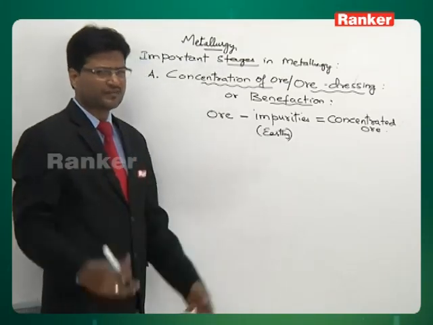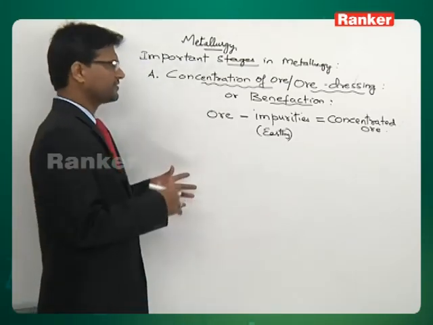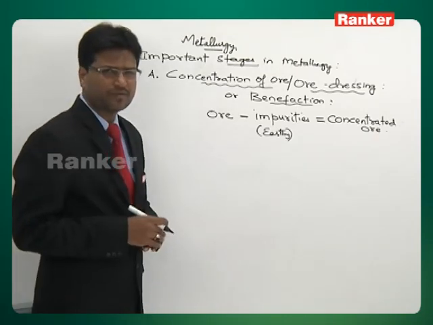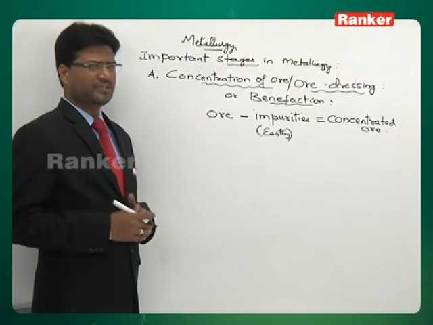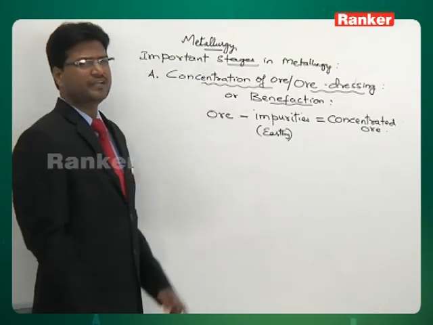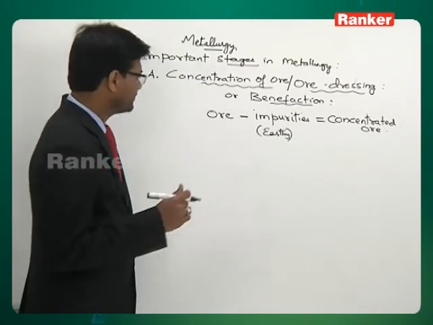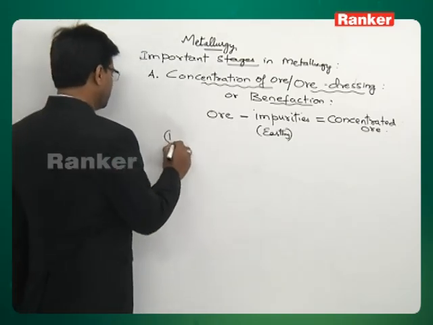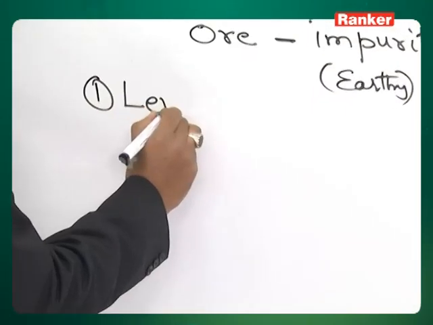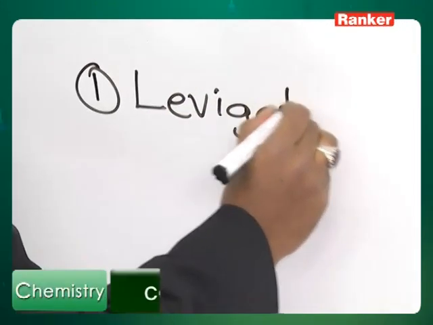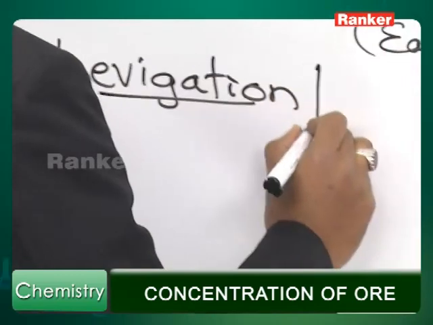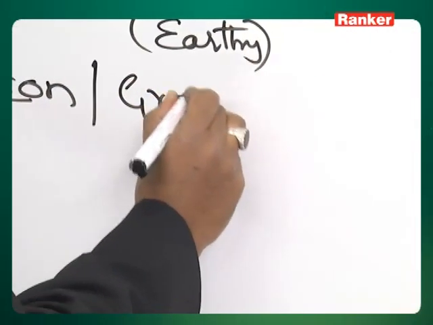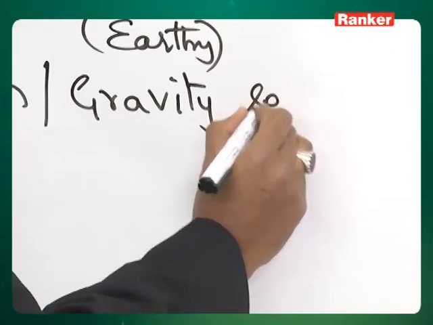The various methods of concentration of ore. There are several methods available for concentration of ore. We'll be discussing one by one, and the method we adopt depends upon the nature of metallic compound present in the ore and the nature of impurity associated with it. Number one is levigation, also called as gravity separation.